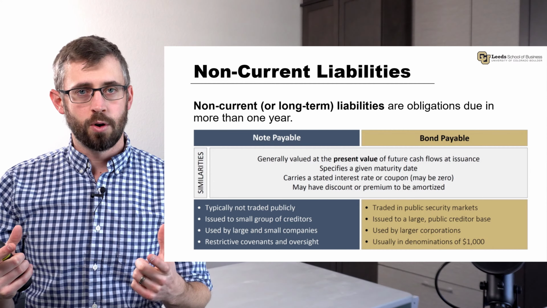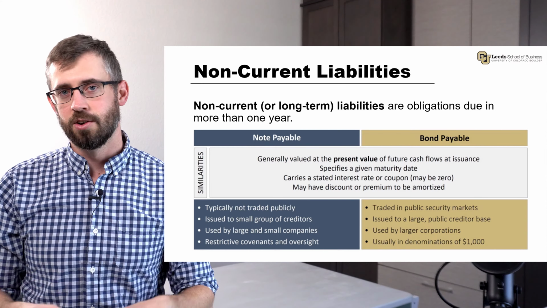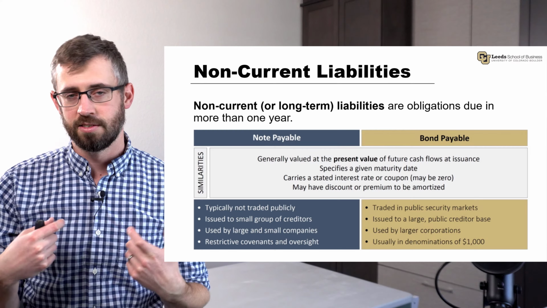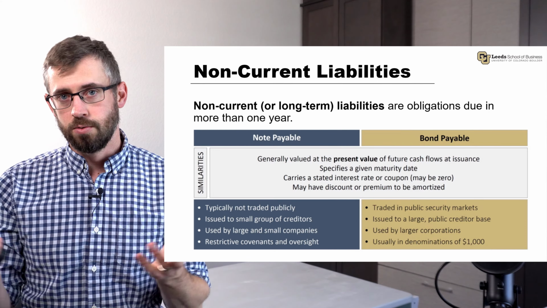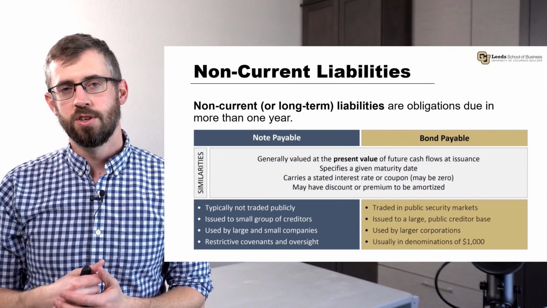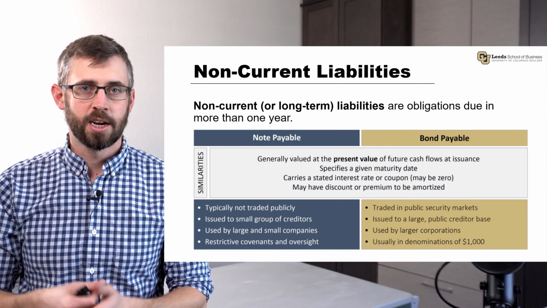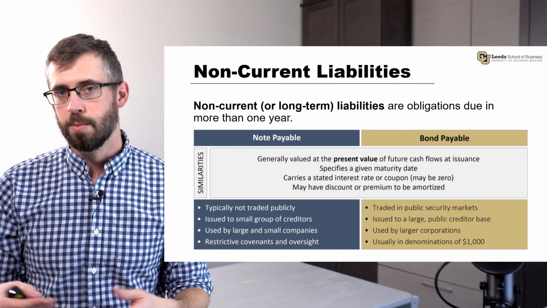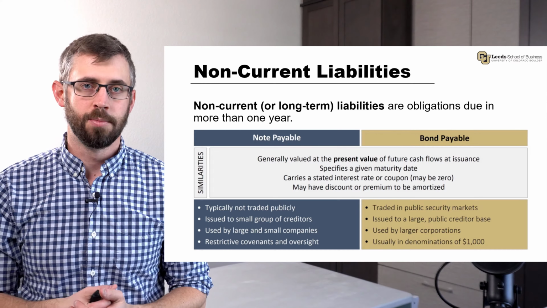And an individual bond is going to be issued in a denomination of $1,000. So each bond is $1,000 that you borrowed, and you issue a whole bunch of those in order to borrow however many millions you end up needing. And then these bonds can be traded on the open market between the people that loaned you money or want to have a receivable from you in the future.